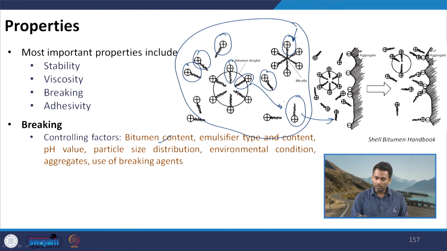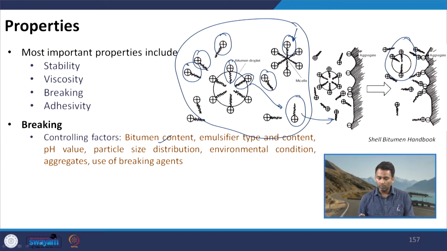When more and more charges are pulled out because of the charge on the aggregate surface, the density of the emulsifier over individual bitumen particles starts reducing, which you see here. Now, when it starts reducing, the repulsive forces which were there earlier are no longer there. So, individual bitumen particles start coming close to each other. When they come close to each other, they flocculate and coalesce, and that is how they are pulled by the aggregate surface and coat the surface.